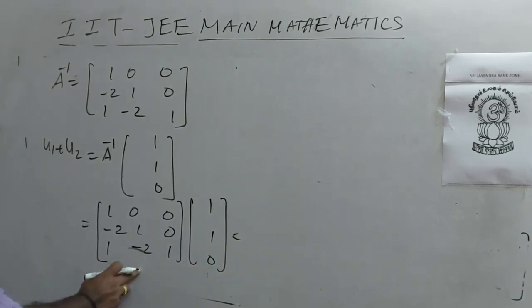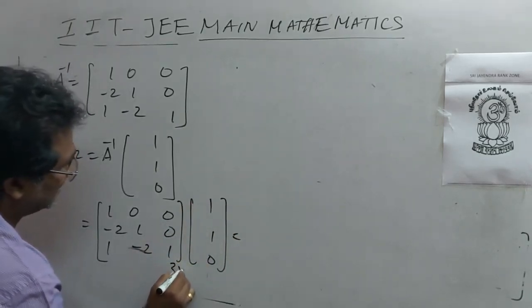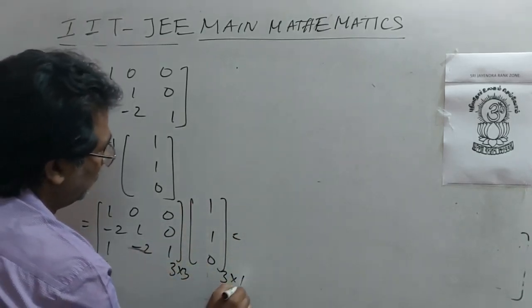So this is a 3 by 3 matrix and this is 3 by 1.